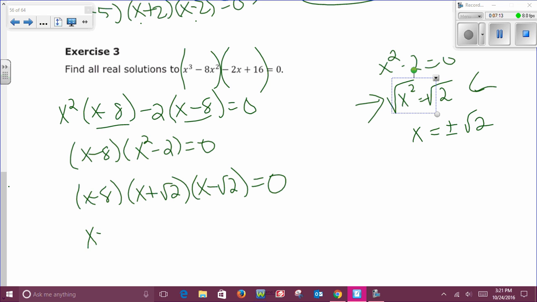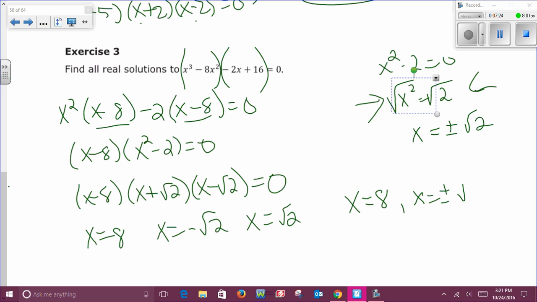So that means x equals 8, x equals negative radical 2, x equals radical 2. So we have x equaling 8, and then x equaling plus or minus radical 2 as our roots.